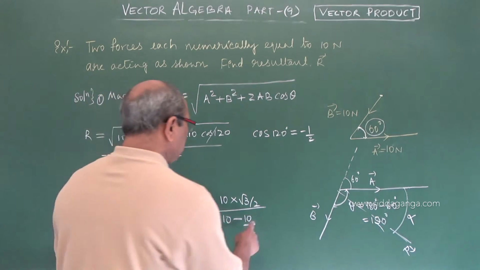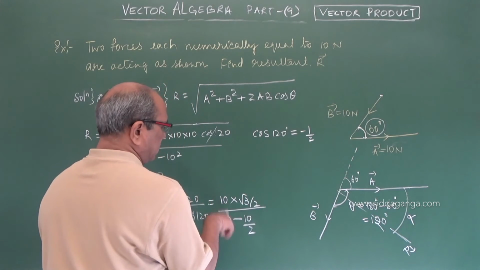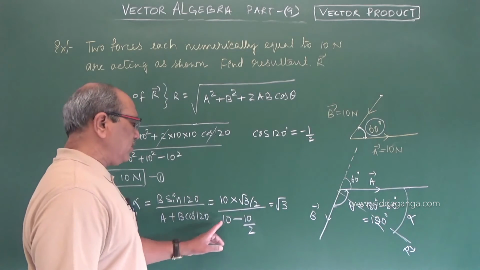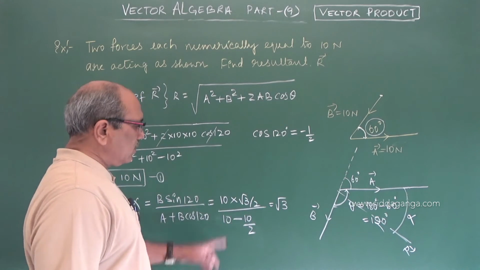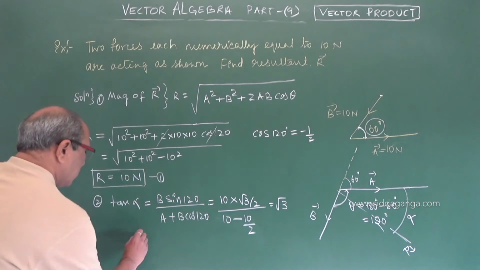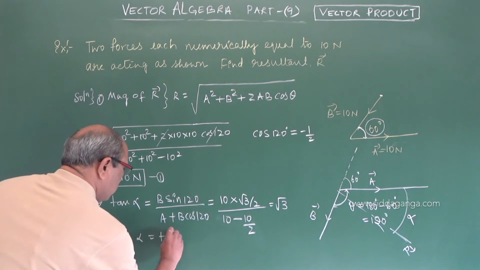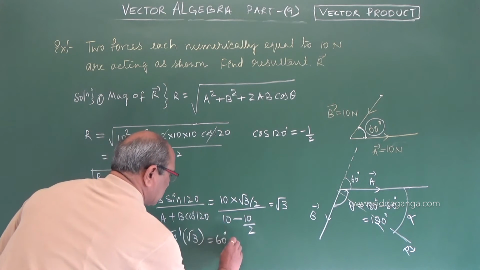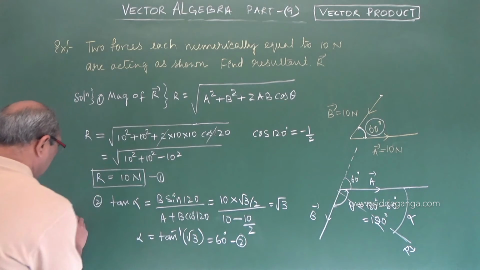How much does it become? Half remains, 10 cancels, and it is root 3, because 20 minus 10 is 10. 10 cancels, it goes to the numerator, 2 cancels, root 3. Therefore, alpha equals tan inverse of root 3, equal to 60 degrees, the second answer.